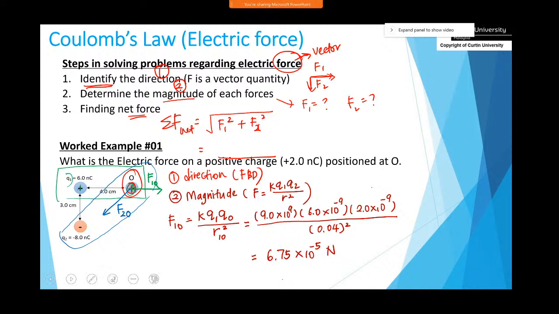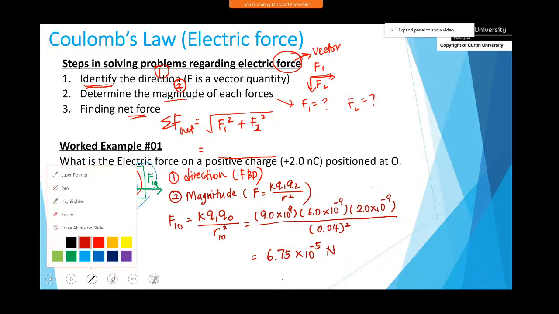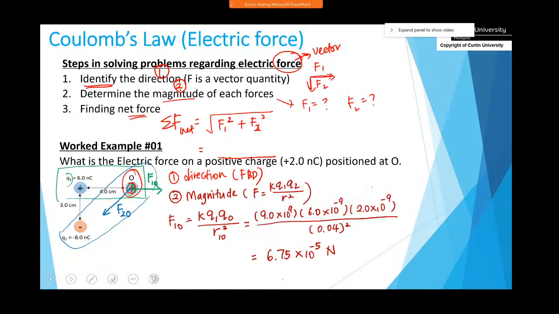Okay, so move on to find the force between 2 and O. Rewrite the equation: k Q2 QO divided by the distance squared.